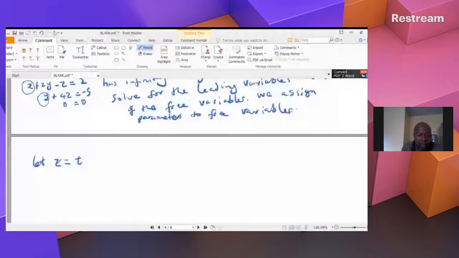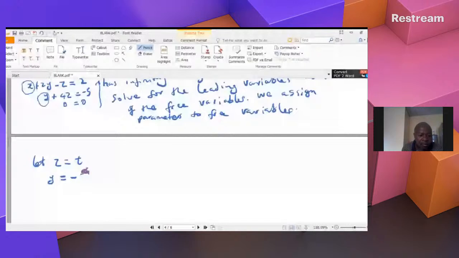Once you've said let z be t, you solve from bottom going up. So y is negative 5 minus 4z, but z is t, so it's negative 5 minus 4t.